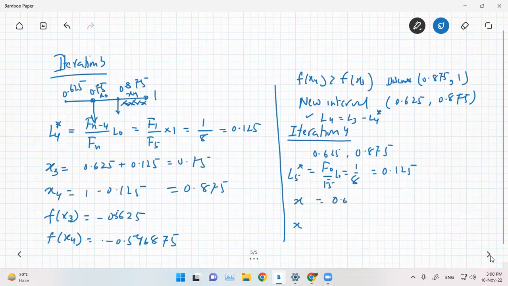So 0.625 plus 0.125 is 0.75, which is your x3, as well as 0.875 minus 0.125, which is also 0.75. So basically we merge to the same point. That has to be our optimum point, x opt.